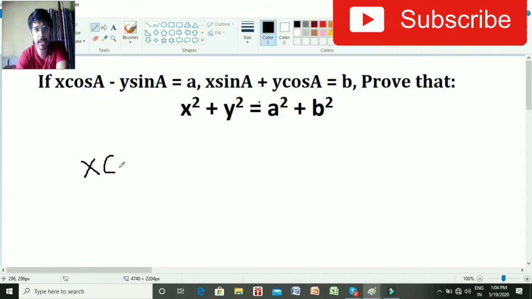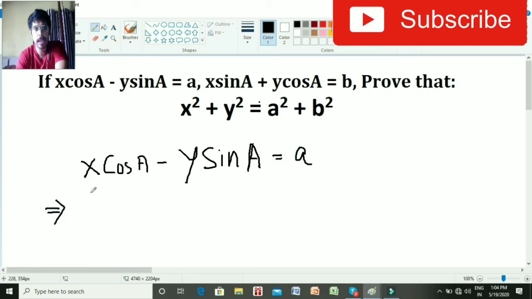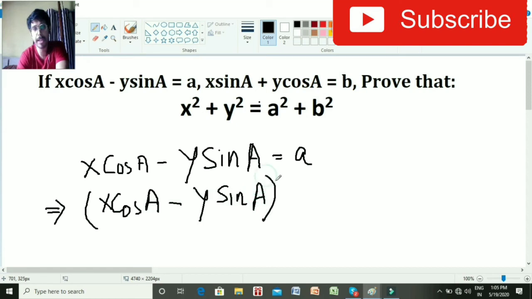Let us write this particular thing once: x cos A minus y sin A, that will be equals to A. If I take the whole square of x cos A minus y sin A, that will be nothing but A square.